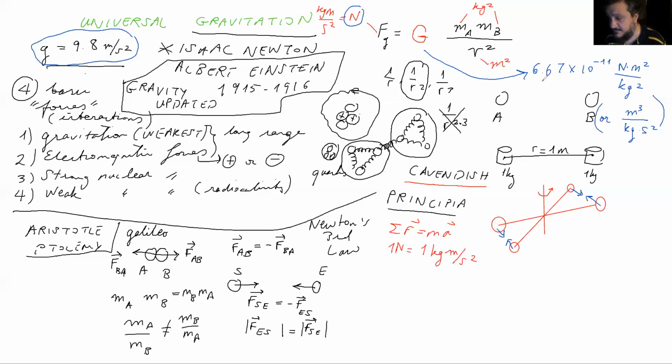Universal gravitation. So that's the formula: G times m_a times m_b over r squared. For now, just think of r as the distance between the centers of two objects. If the mass distribution of the object is not uniform, it doesn't have to be the center.